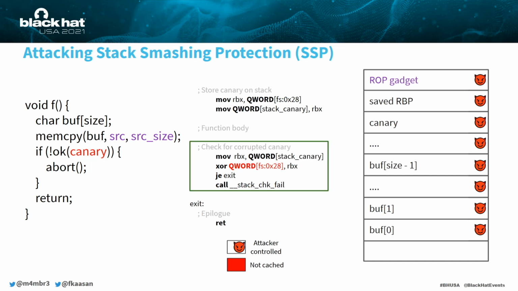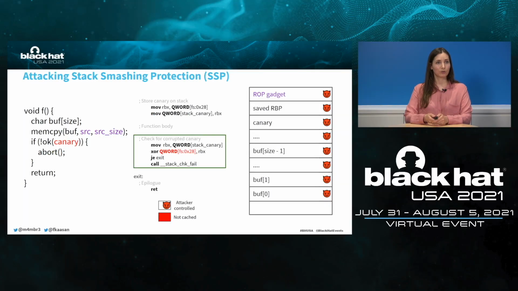The compiler-generated assembly code for SSP shows the exact operations and control flow graph. In the function prologue, the global canary value is stored on the stack, and before return, the canary integrity is checked by comparing the value stored on the stack with the global value. This introduces the first attack prerequisite, namely the canary eviction. This triggers the speculative execution of the taken branch, leading to speculative control flow hijacking.